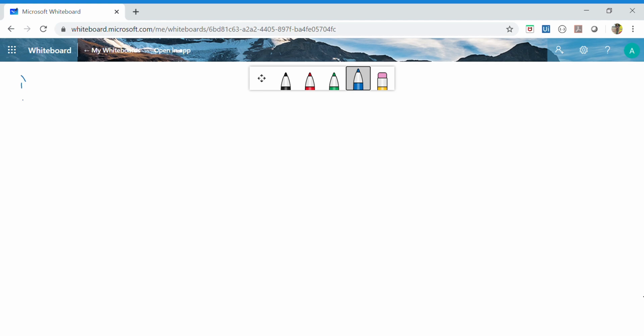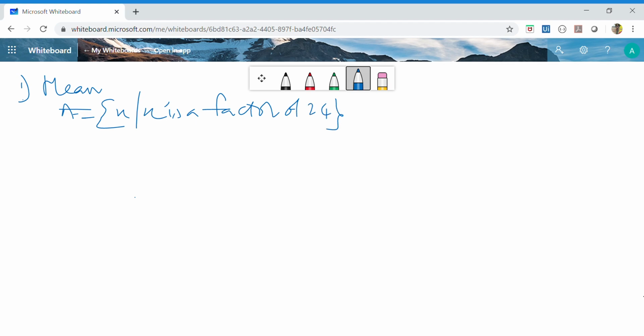So, first one is find the mean of elements in the set A is equal to x such that x is a factor of 24.